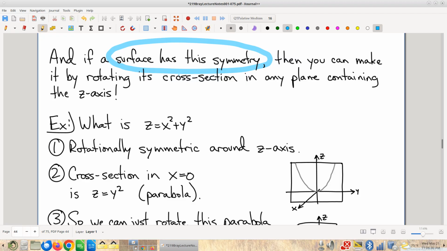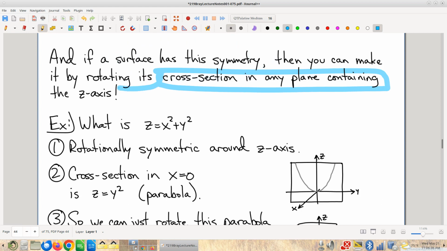If you have a rotationally symmetric surface, you can look at the cross-section in any plane containing that z-axis and just rotate it around. Let me do a hand wave. If our surface really is rotationally symmetric, any cross-section, the process of rotating that around will produce all the other cross-sections, and therefore the whole surface.